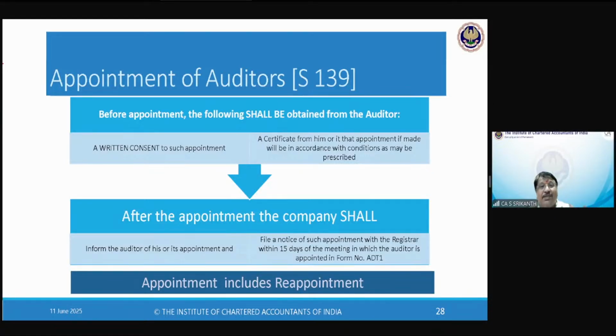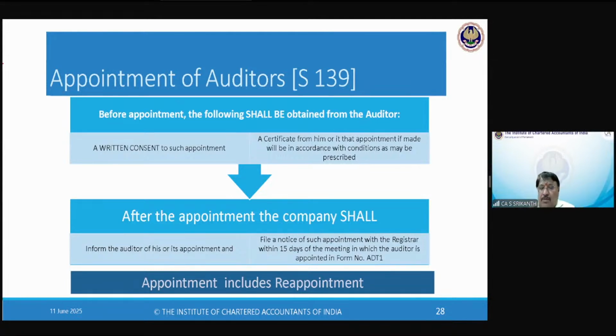Also, please certify that the appointment, if made, will be in accordance with the conditions, especially with regard to the maximum number of audits you are entitled to do. So if all partners together are within the limit of 20, whether our company, if you take it, will be within the limit, he has to confirm it. In general, he should say I'm not disqualified, and that the appointment, if made, will be well within the limits prescribed under the Companies Act. We have a standard certificate that we give.